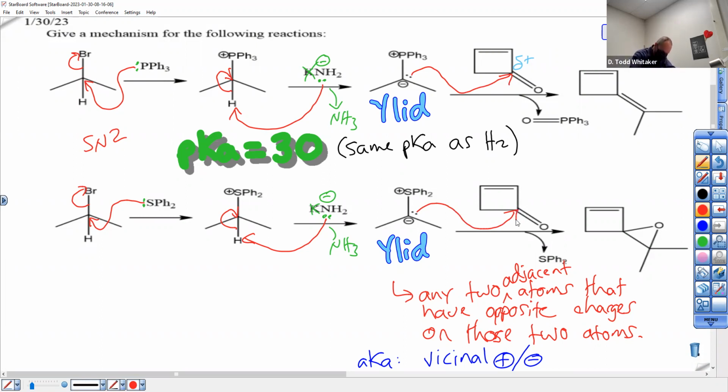Here's the interesting thing about the difference between phosphorus and sulfur. Phosphorus can go up to 5 bonds because of its nature. It's on the periodic table in group 5. And that's not an octet violation for phosphorus because it's in the 3rd row.